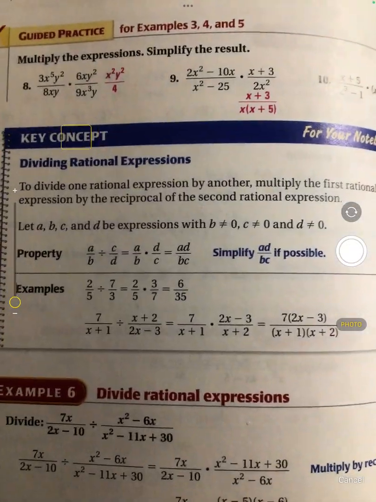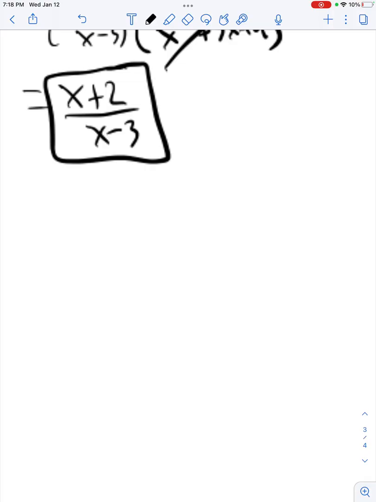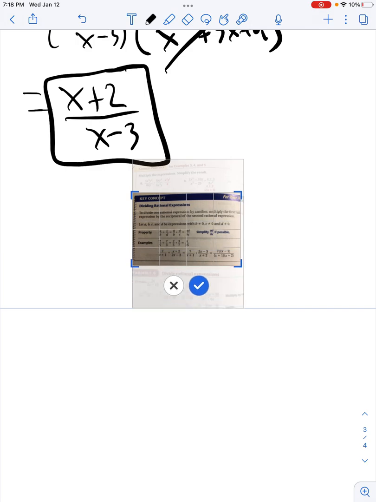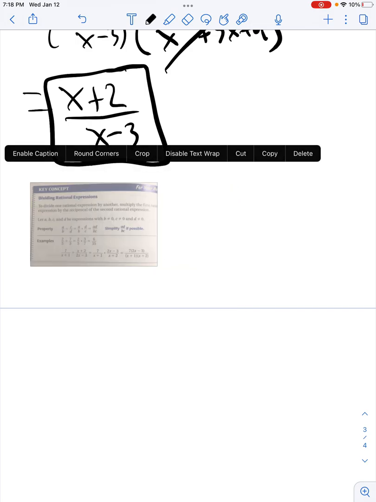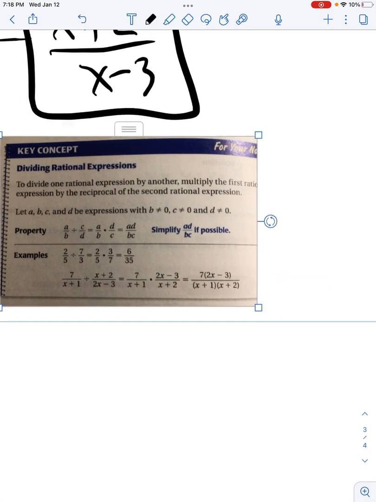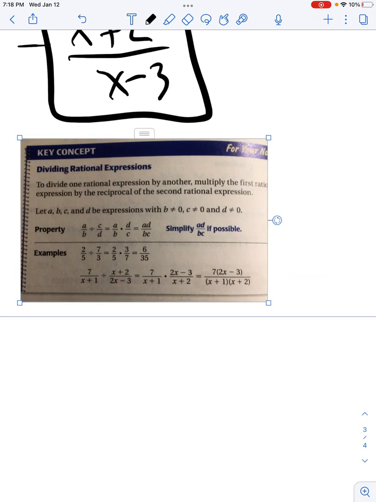And then just again to clarify, the last examples are about dividing. So if you want to look at these examples real quick. Again, just trying to find anywhere that you can simplify.